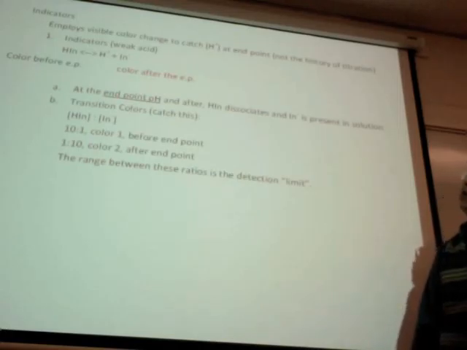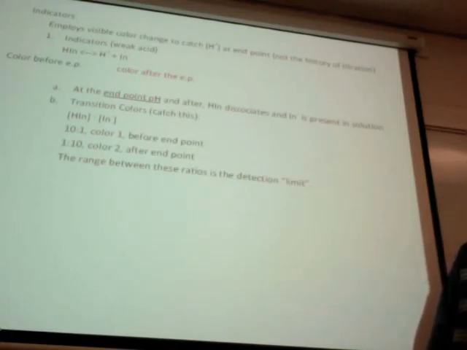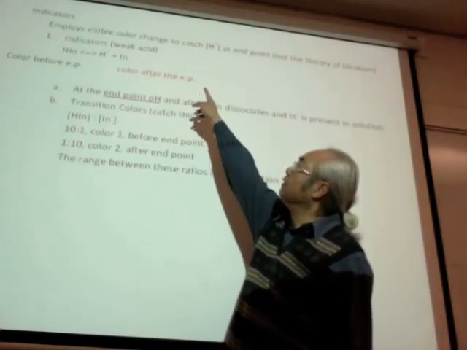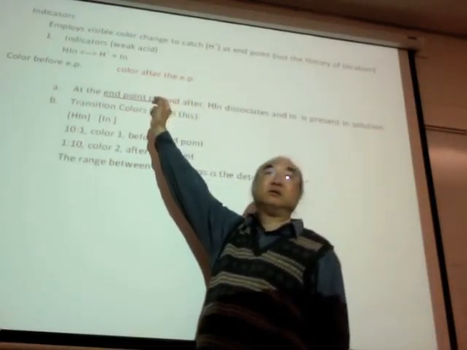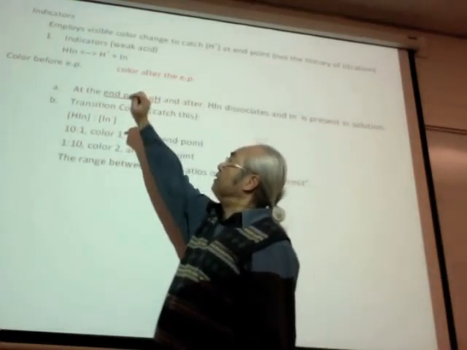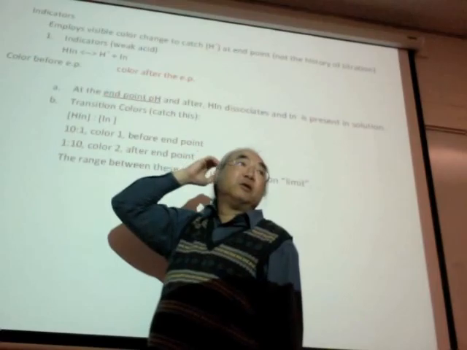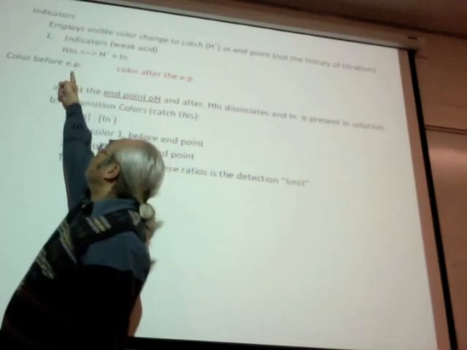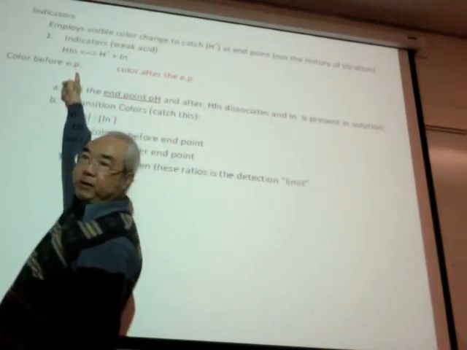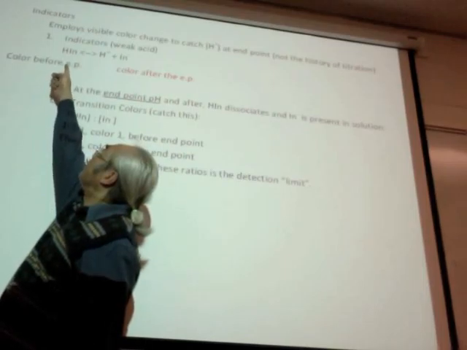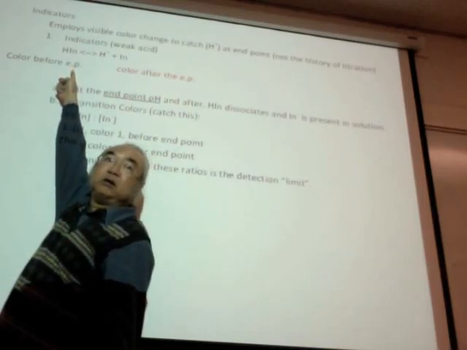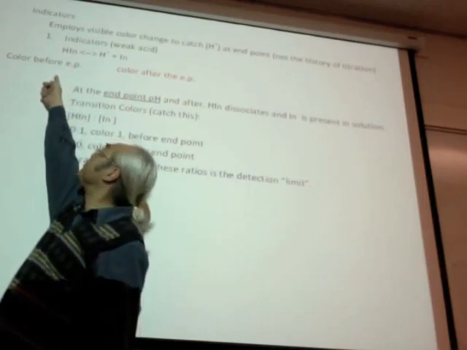Now we are talking about endpoint detection based on human eyes, color change. The indicator itself is a weak acid. Because it's an acid-base indicator, it is itself a base or an acid. Here represents the indicator formula. Before the endpoint, the proton is intact on the formula, so you have the color of the HIn.